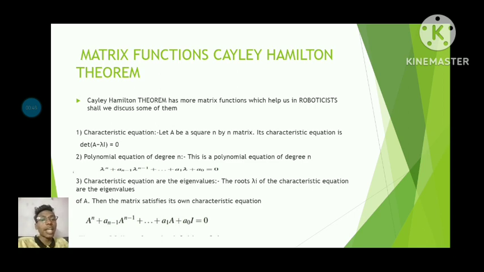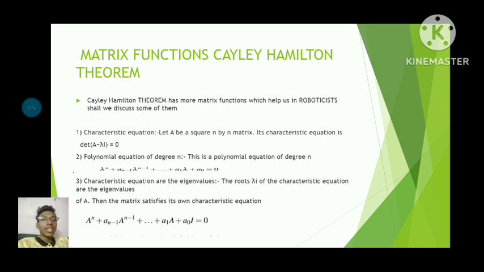Then we see the second equation: a polynomial equation of degree n, where a_n lambda^n plus a_(n-1) lambda^(n-1) plus up to a_1 lambda plus a_0 equals 0.